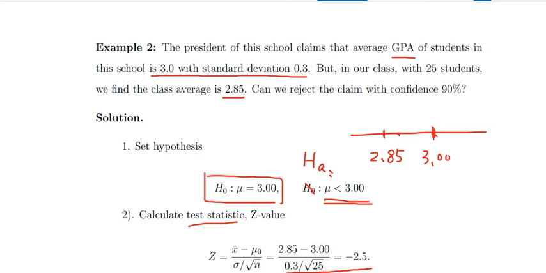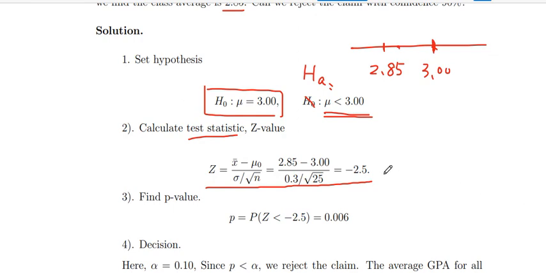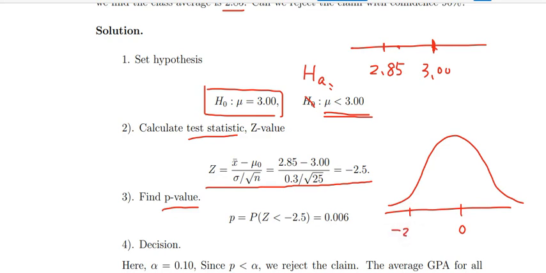So we want to check whether the difference is big or close. At first we find this z value, the cut point, negative 2.5. Seeing this p-value, here we have 0, and our cut point is negative 2.5.